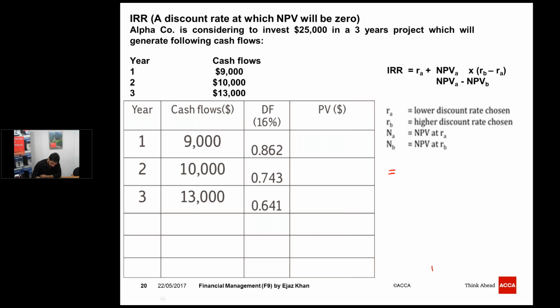Suppose a project had an NPV of $6,000 at 10% rate.